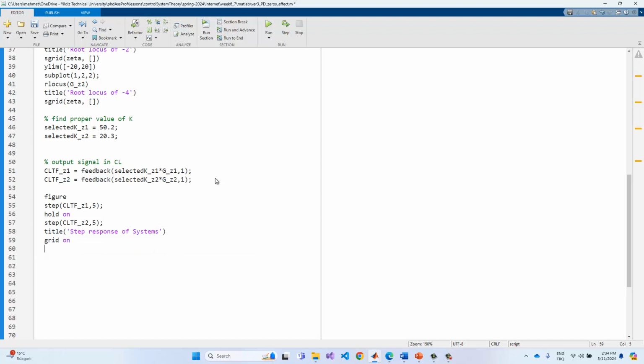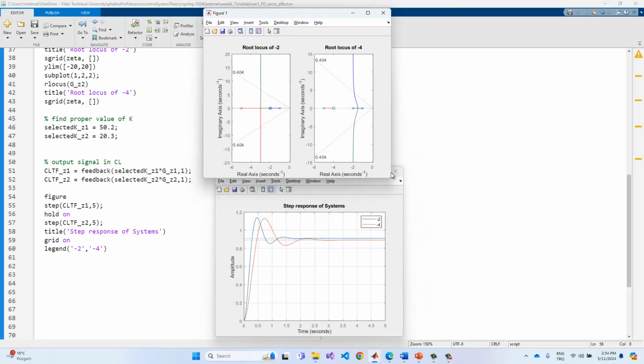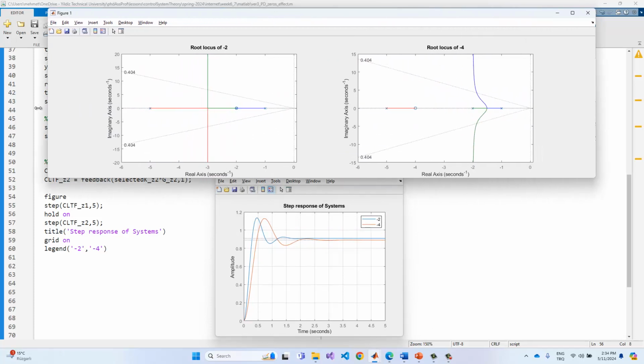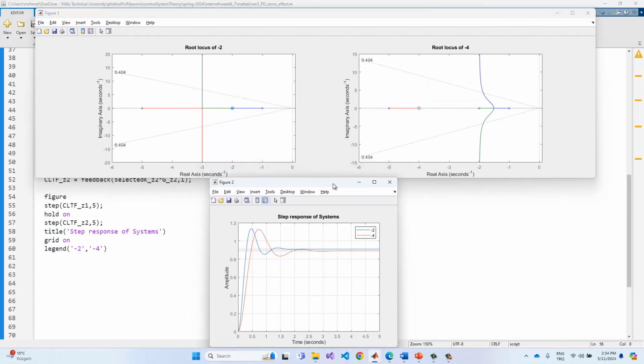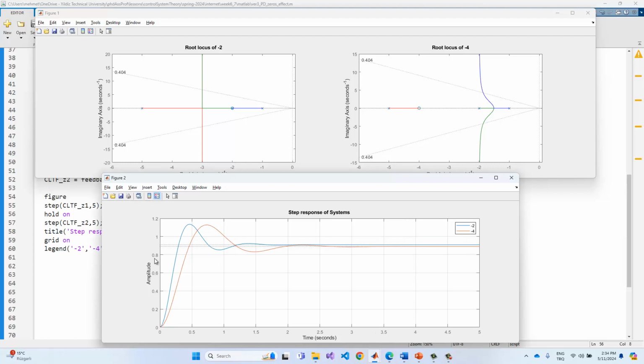Hold on must be selected in here, and the legend values -2 and -4. Okay, and so if I rerun this code, and then we see that the first graph is our cases of these terms.